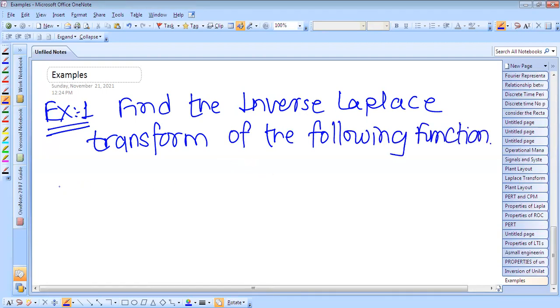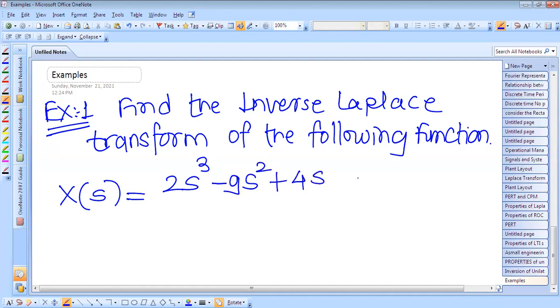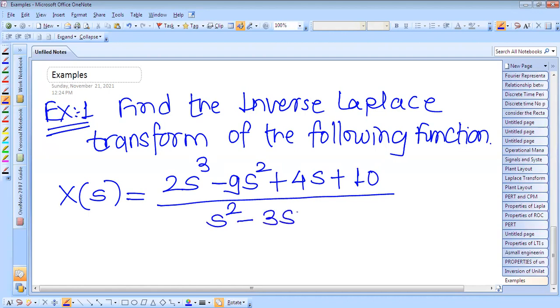The function is given: X of s is equal to 2s cubed minus 9s squared plus 4s plus 10, divided by s squared minus 3s minus 4.